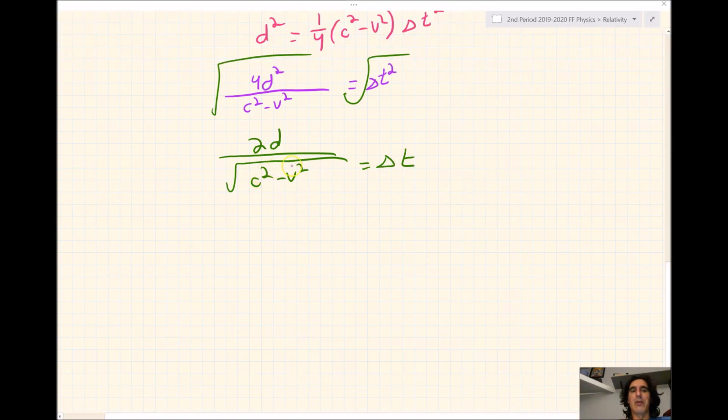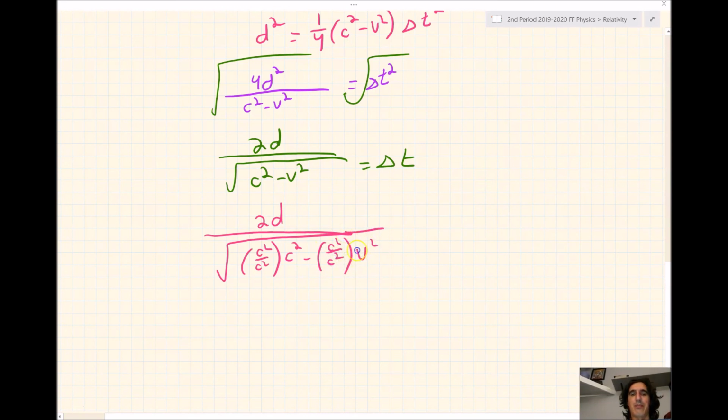What we're going to do inside the radical is multiply both parts by c squared over c squared, which means we have 2d all over the square root of (c squared over c squared, which is 1) times c squared, minus (c squared over c squared, also 1) times v squared. And that equals delta t.